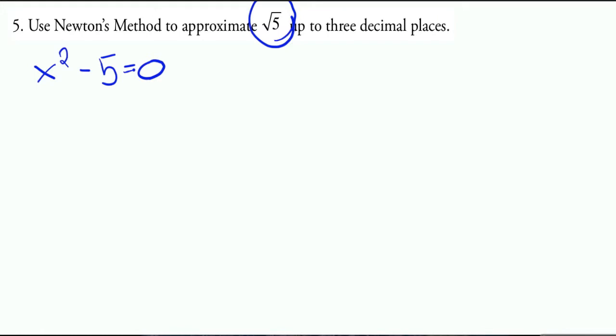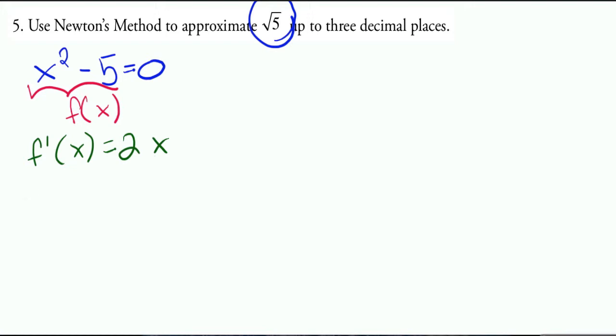So this is our function, x squared minus 5. And then we need to find the derivative. Let's find the derivative. So the derivative is just 2x.